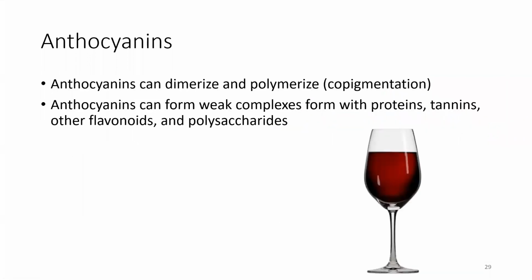During processing, anthocyanins will often lose their color, or at least change their color or decrease in intensity. But there are some cases where they will increase in their intensity. So anthocyanins can, during processing, dimerize and polymerize.